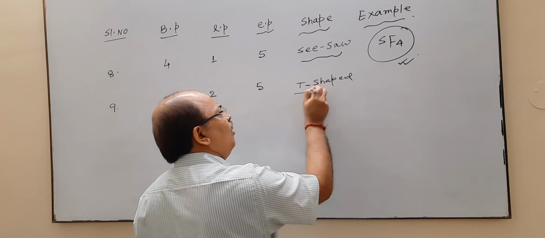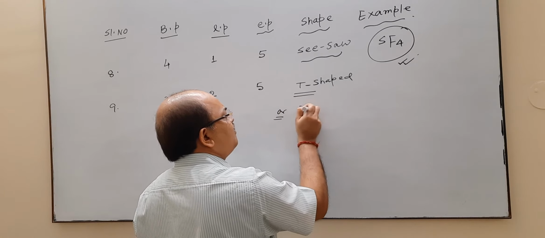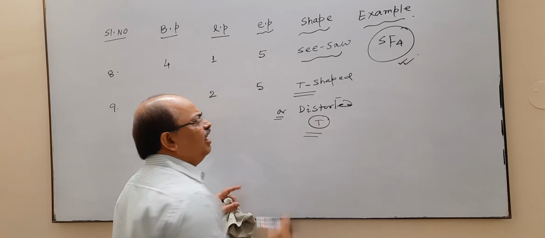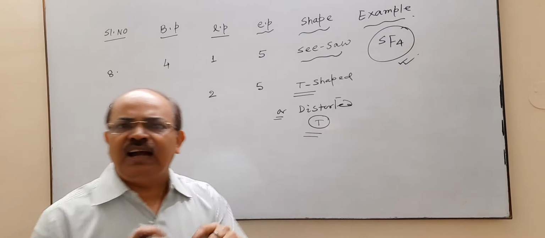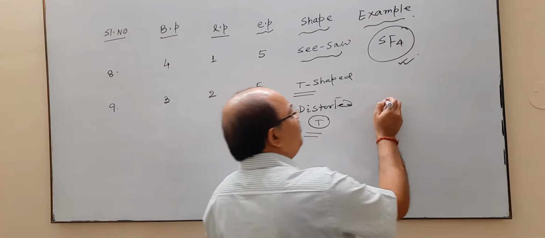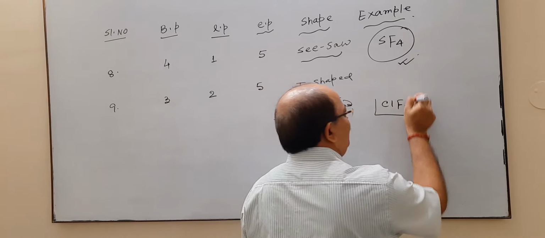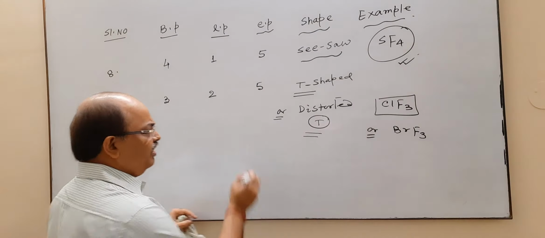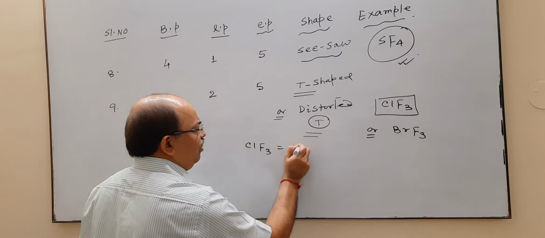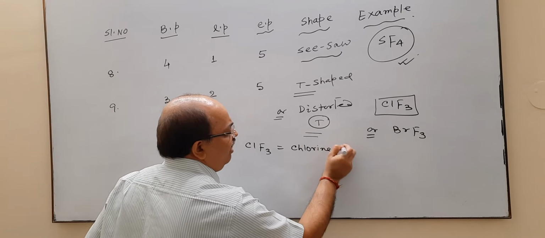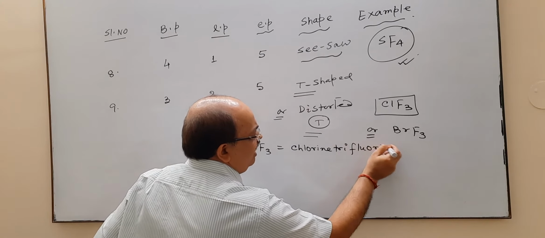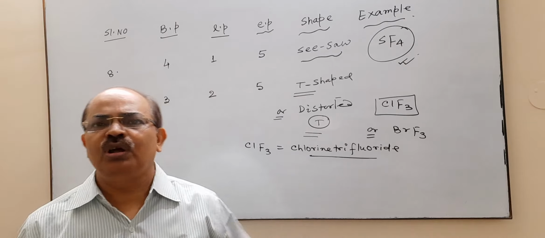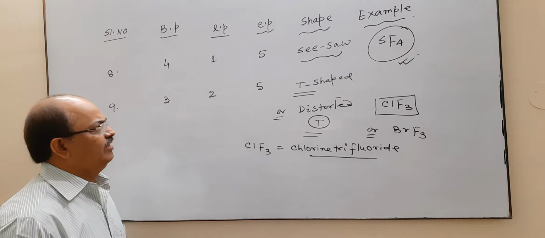It is like T or simply T-shaped, or in some books you may find distorted T. All are same. Example is your ClF3 and it may be your BrF3. ClF3 is your chlorine trifluoride. Similarly, BrF3 is your bromine trifluoride.